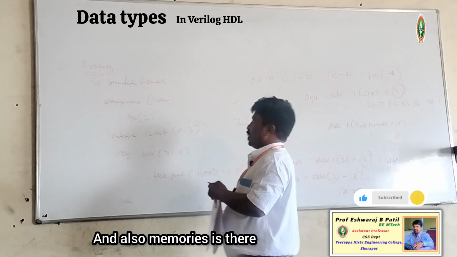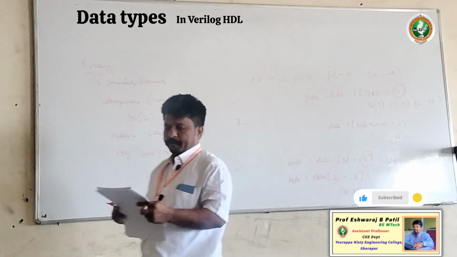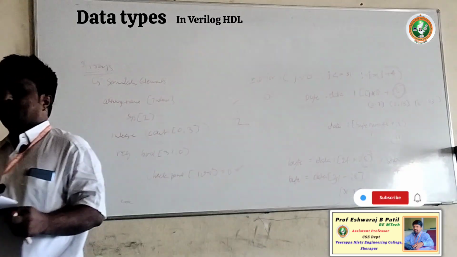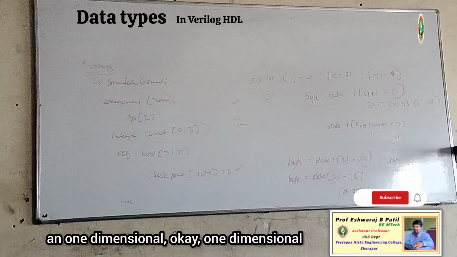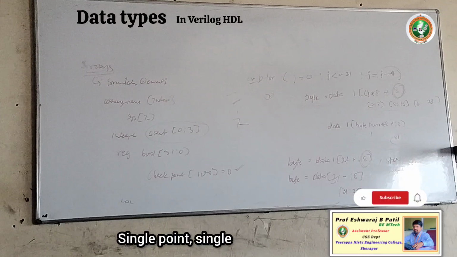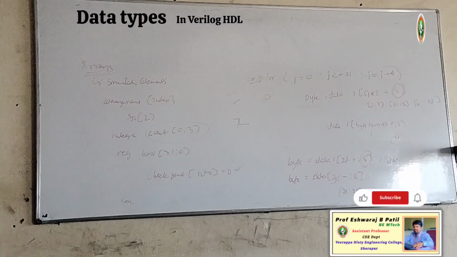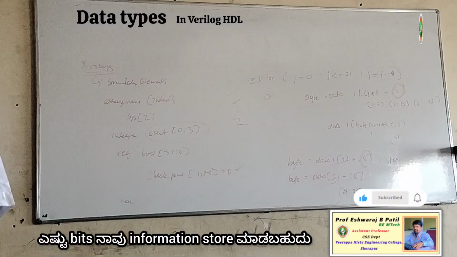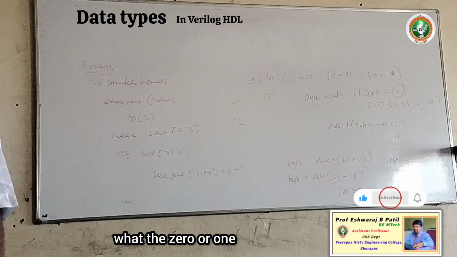And also there are memories. Next point is memories. Memories are usually modeled as one dimensional arrays. Now, what is a register? It can store only one bit of information, either 0 or 1.